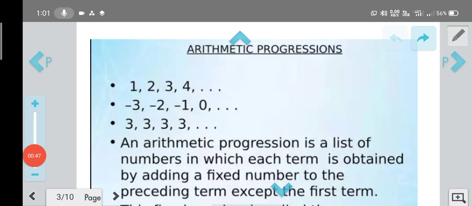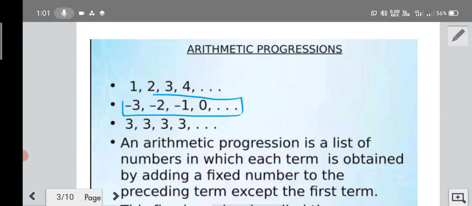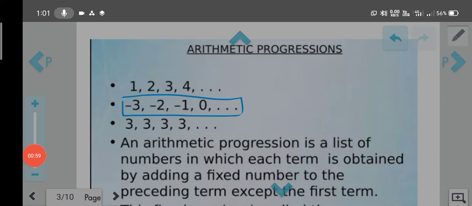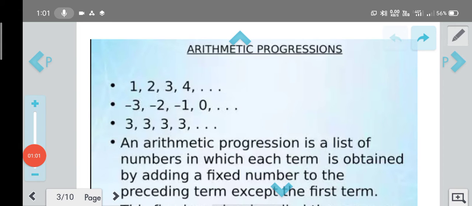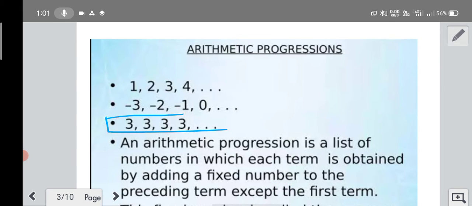In the second sequence, we can see a list of numbers -3, -2, -1, 0 and so on. And in the third sequence, we can clearly see 3, 3, 3, 3, 3 and so on.